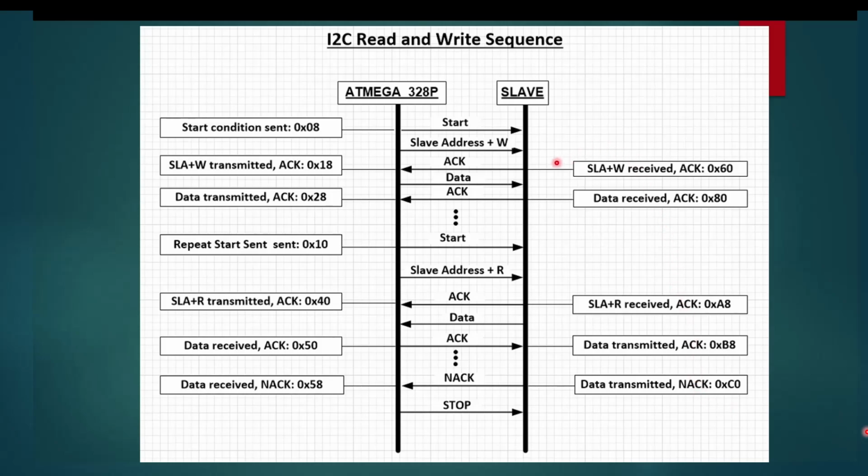Now let's go through the transactions, but from the slave point of view. The slave is sitting there monitoring its status register till it gets the code 60, which means that it got its own address plus the write request.